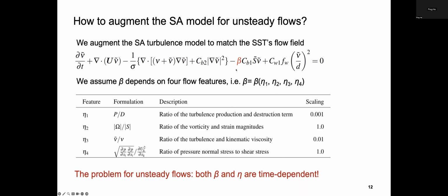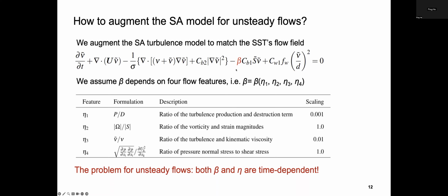But for unsteady problems, we have a challenge. Let's first talk about the steady state problem. For a steady state problem, what you need to do is find the optimal beta field, and then somehow build a relationship between the beta field and the input flow features eta. That's for steady state flow at the final converged steady state.